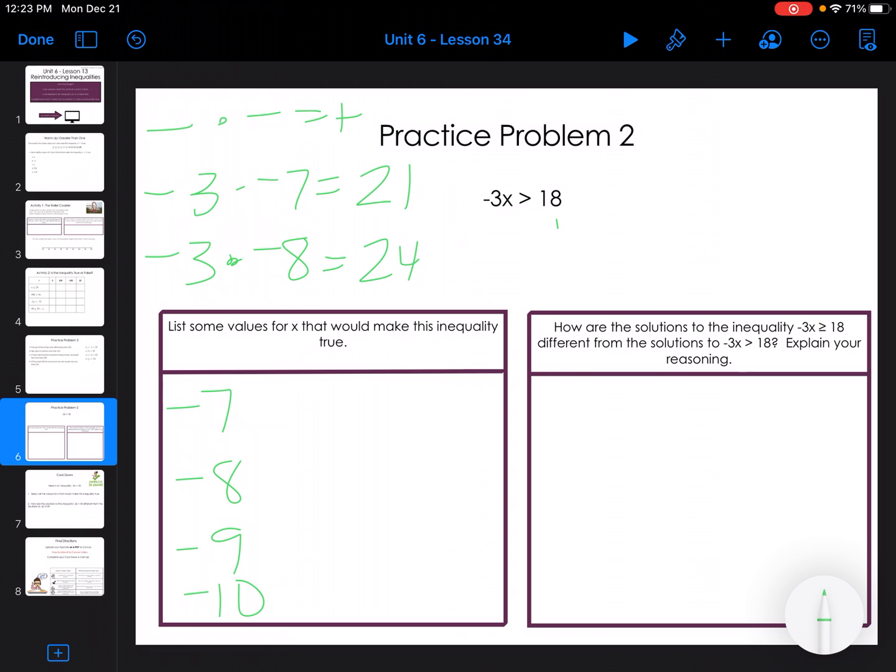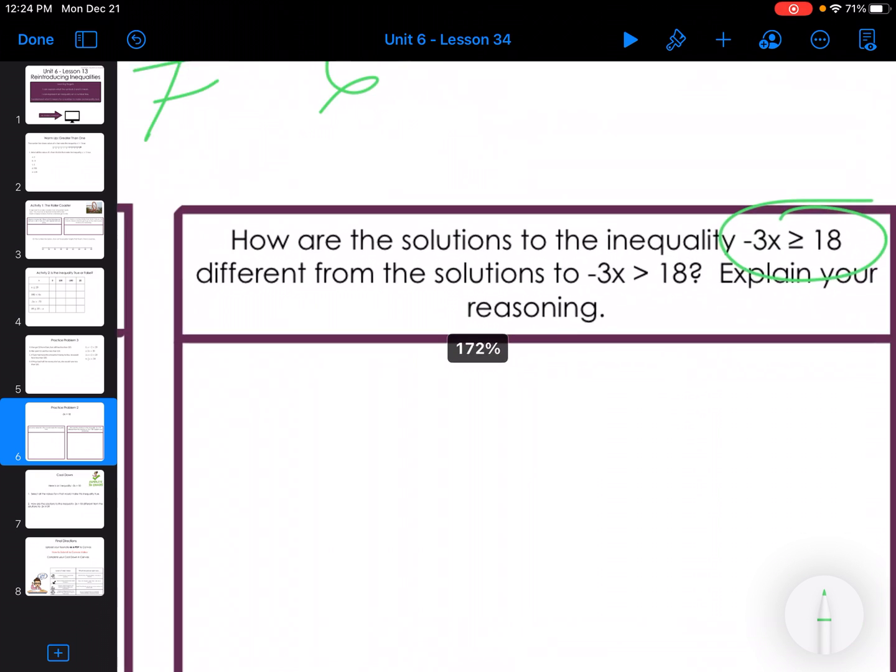How are the solutions to the inequality -3x is greater than or equal to 18 different from the solutions to -3x is greater than 18? Explain your reasoning. Well, like I said at the beginning, in this one, you cannot have -6. In this one, you can, because it can be equal to.